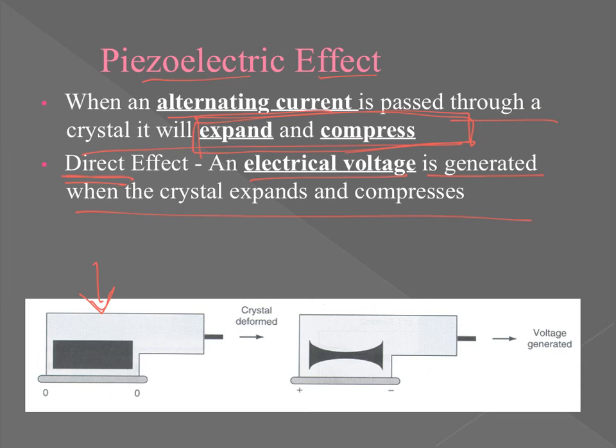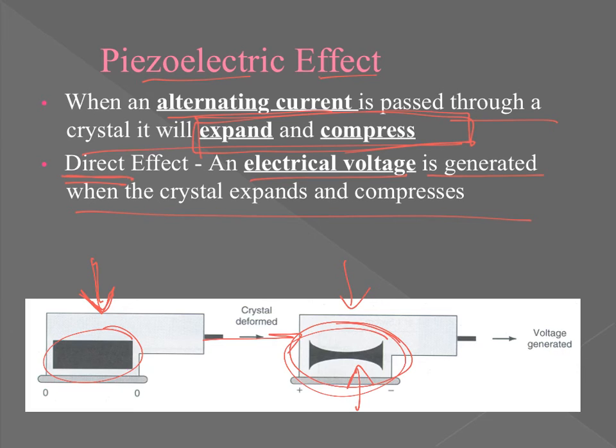So we have an alternating current. We turn on the machine. So it's off. We turn on the machine, right? And turning on the machine will create an alternating current. That alternating current is going to cause that crystal, do you see it, to expand and then to compress. So far, so good. So we have essentially this voltage being generated.